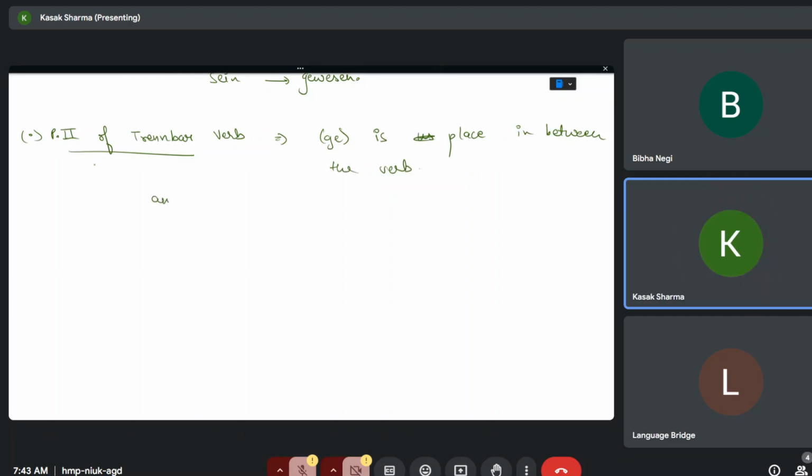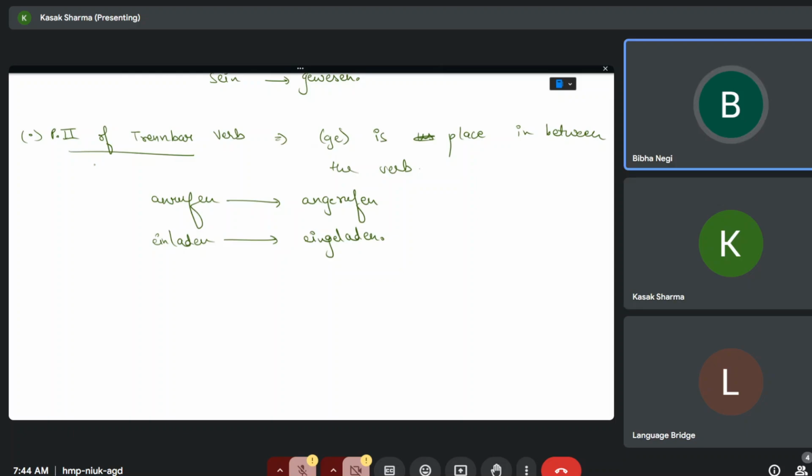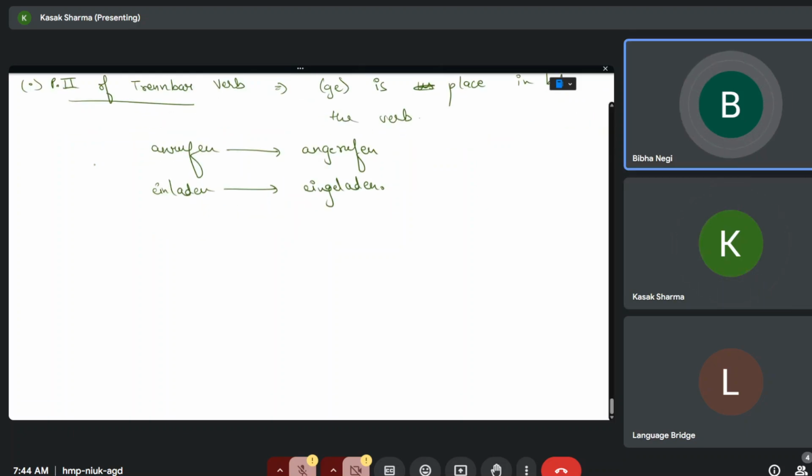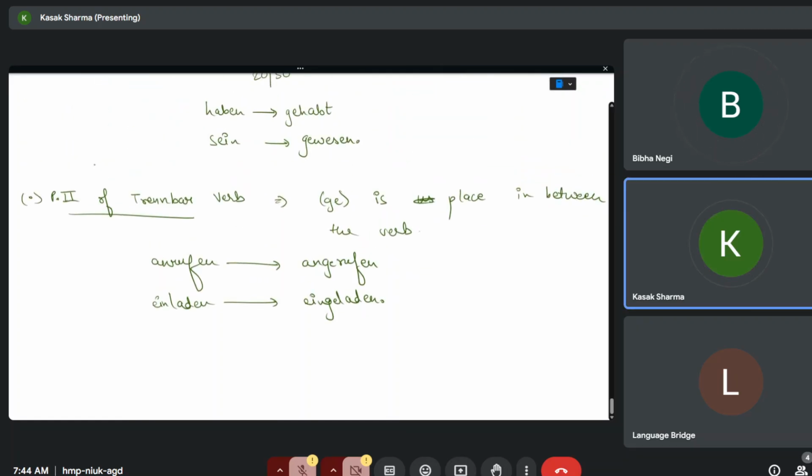As in, anrufen, the participle will be angerufen. Or let's say einladen is the trennbar verb. The participle of einladen will be eingeladen. Any doubt? Just wait a minute, let me just write it.